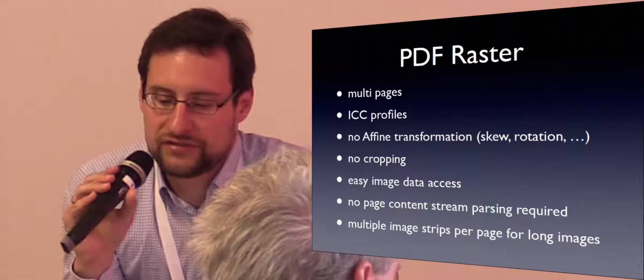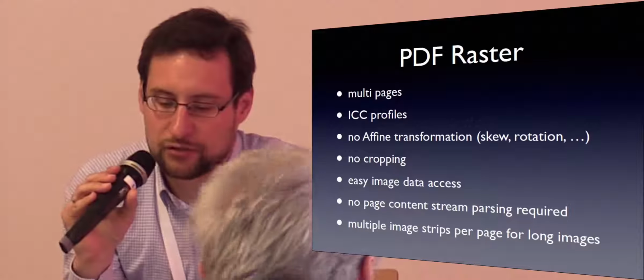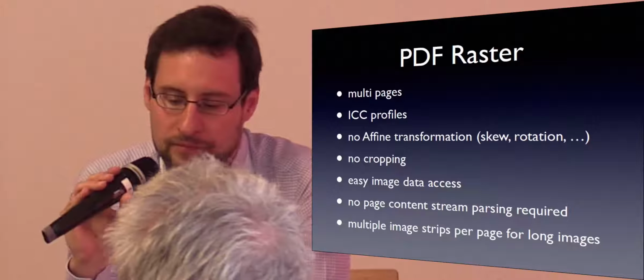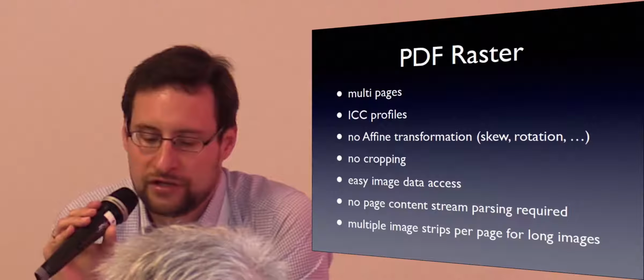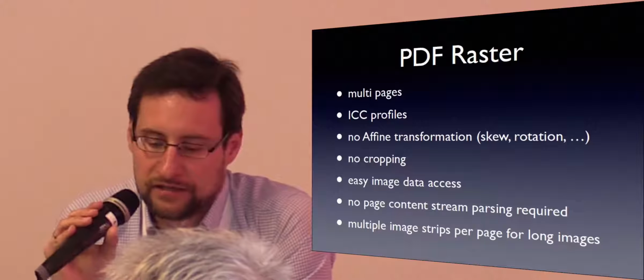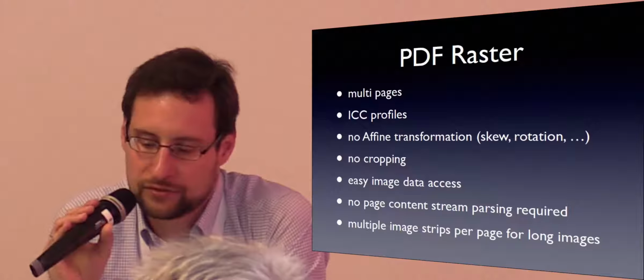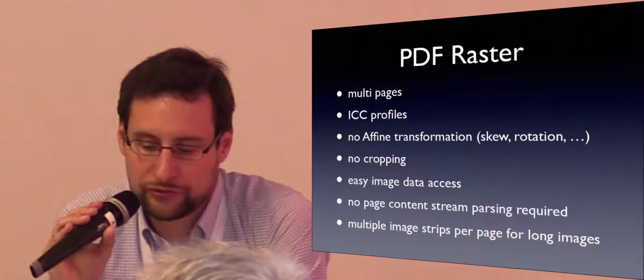Simple libraries like TIFF and JPEG libraries working with PDF Raster do not need to parse the content stream. That was our biggest concern, because if you want to run OCR or barcode recognition and so on, the less content stream parsing and rasterization of image data with transforms you need to do, the better. So you don't need to look at the content stream.